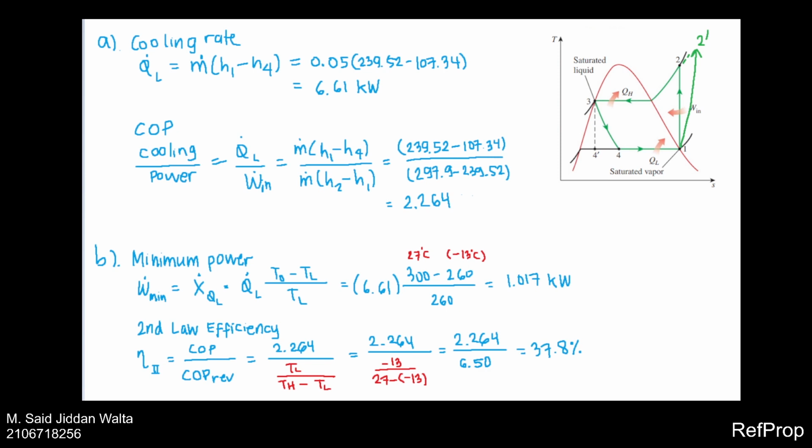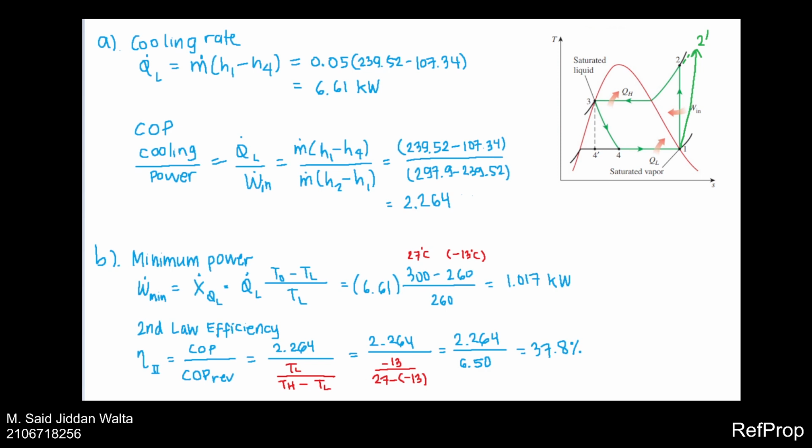And lastly, to find the second law efficiency of this refrigeration system, we can divide the COP actual over the COP reversible, or the ideal COP in a Carnot environment, which is the lower temperature over the high temperature minus the lower temperature. In this case, we can use the high temperature as the problem describes, that the heat from the system is rejected to the ambient air at 27 degrees Celsius or 300 Kelvin.